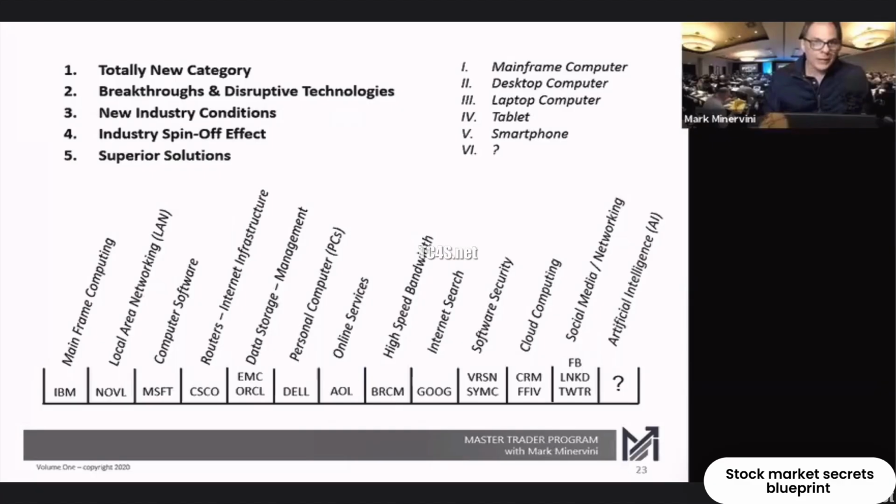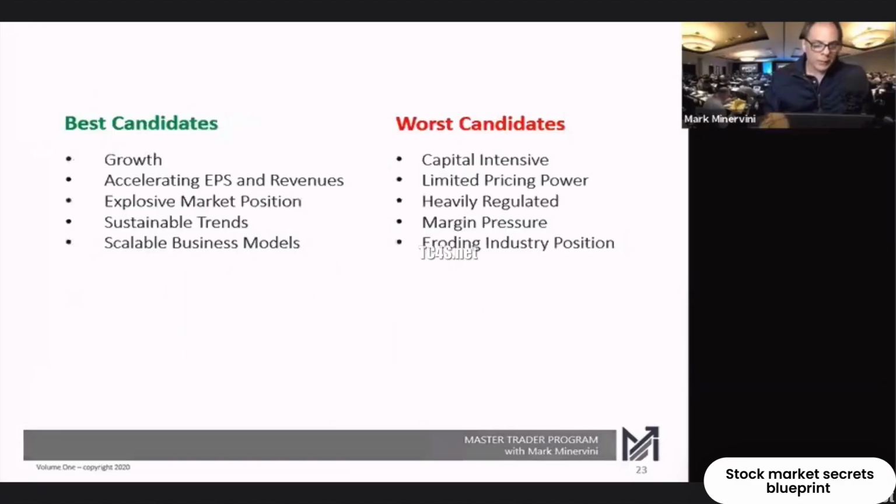Real quick, we're going to wrap up this general overview, looking at categories and catalysts. The best candidates are going to be growth related: accelerating earnings and revenues, explosive market positions, things that are sustainable, not cyclical, trends that could be secular, scalable business models, and disruptors, disrupting industries, totally new categories and totally new technologies.